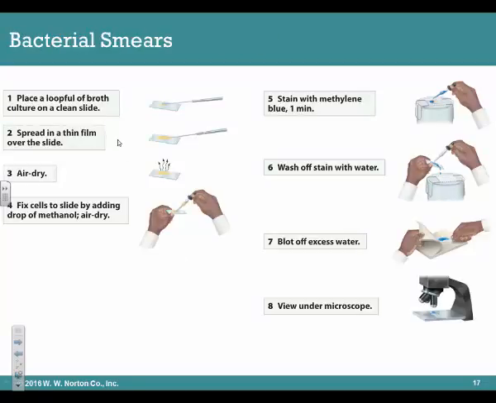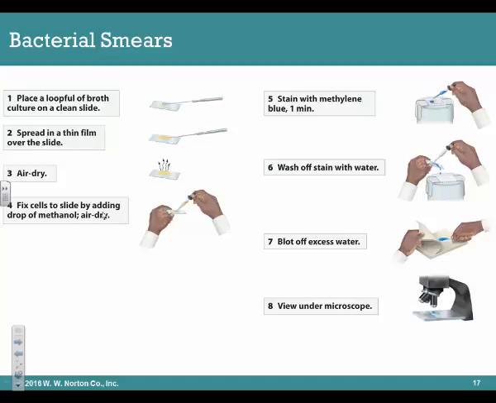Now we'll be doing this in lab, so I'm not going to go over the details of these steps. You can read about it in your textbook. But I do want to mention a few things. One is that in order to stain, you first need to make sure that the bacteria are attached to the slide. And in order to do that, we use heat fixation.